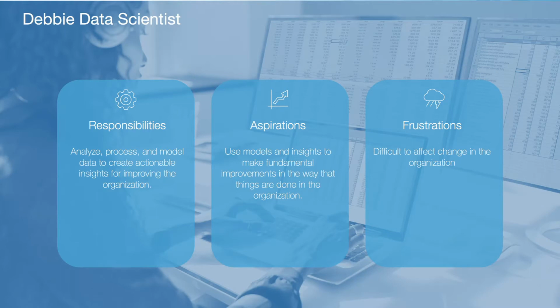We're using data to really transform the organization in a fundamental way. And ultimately, this very talented person who's a data scientist in an organization is aspiring to make impact, right?